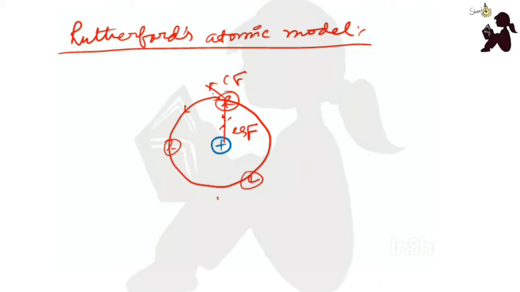It will spiral like this because its energy is decreasing continuously. So at last it will come to the nucleus and the atom will collapse, but it doesn't happen. We see everything around us is made up of atoms, but they don't collapse, right? So it is a drawback of Rutherford's atomic model. So this model is discarded.